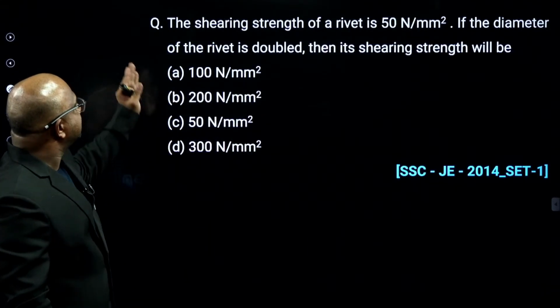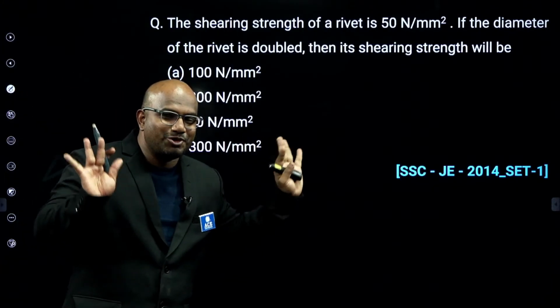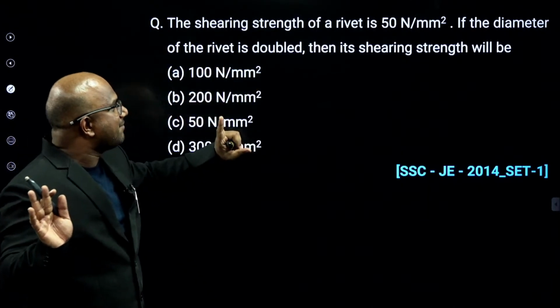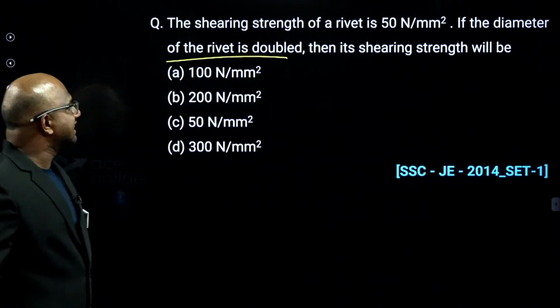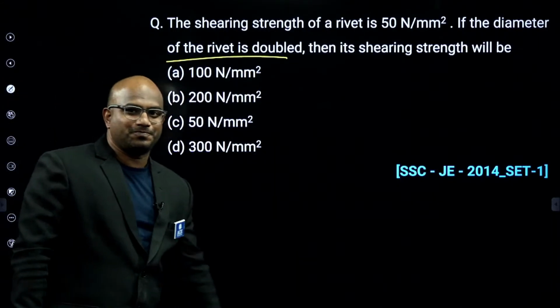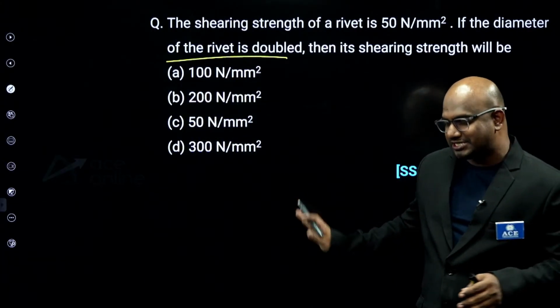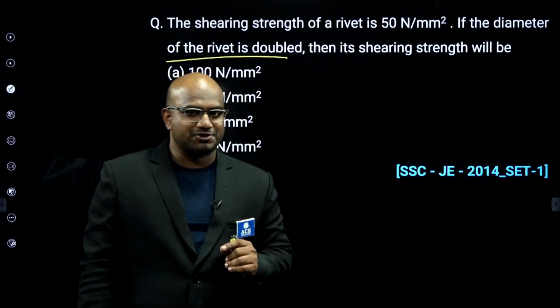Excellent. Next, the shearing strength of the rivet is 50. Let us see who will give me the answer for this one, guys. The shearing strength of the rivet is 50 megapascal. If the diameter of the rivet is doubled, then how much will the shear strength be? Think about it. Beautiful question. So far, of all the questions I have seen, guys, this is the most beautiful one. Please try this question.